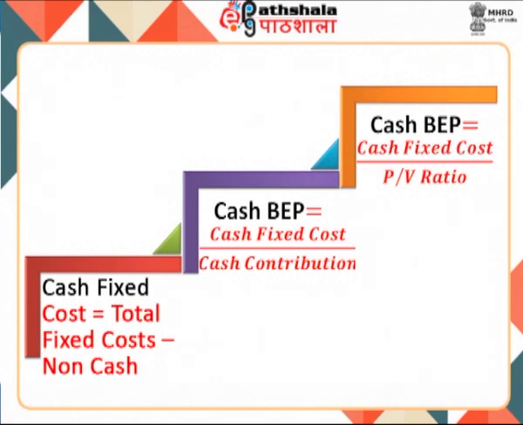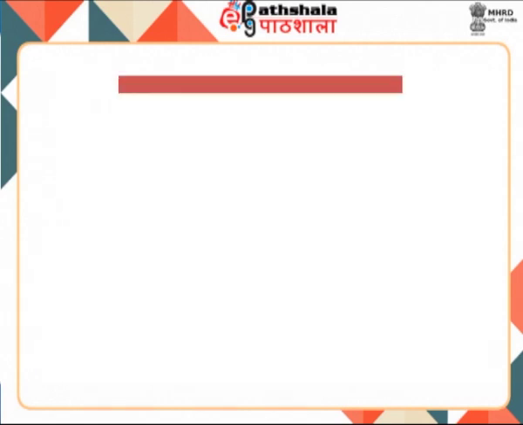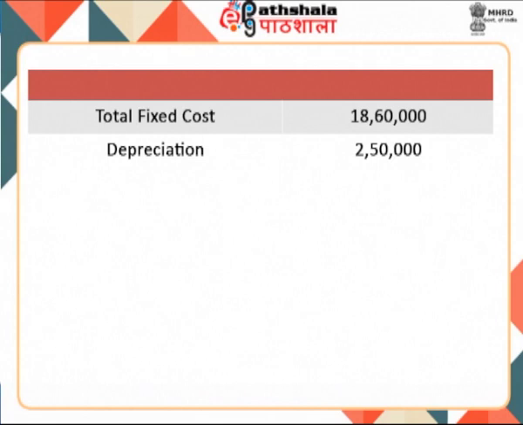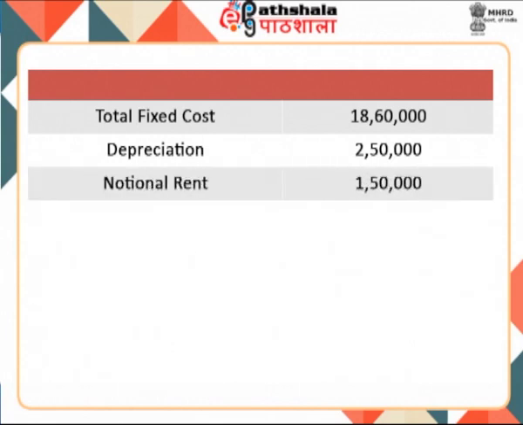Let us see how cash break-even point is calculated with the help of an example. Let us assume that the total fixed cost of a firm for the year 2013-14 is rupees 18,60,000, which includes a depreciation of machinery amounting to rupees 2,50,000, notional rent of the building rupees 1,50,000, and a deferred revenue expenditure of rupees 60,000.